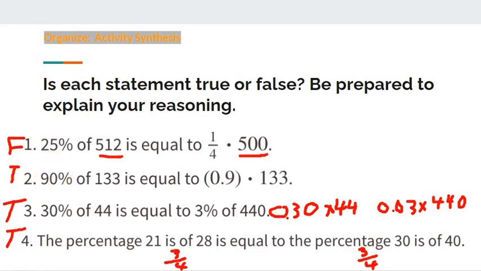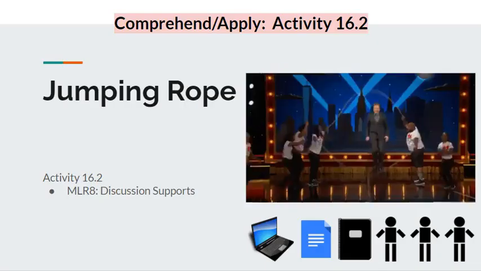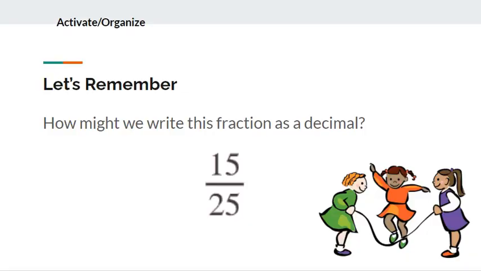Okay, so let's dig into what we're really looking at with all this stuff. So real quick, how would we write 15/25 as a decimal? We'd have to change it into a decimal. We could divide 25 into 15 and find out, or we could just make an equivalent fraction.